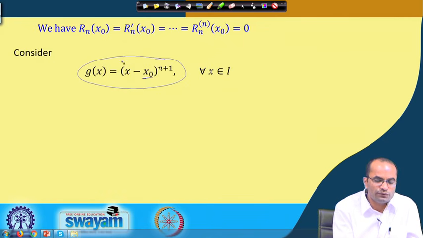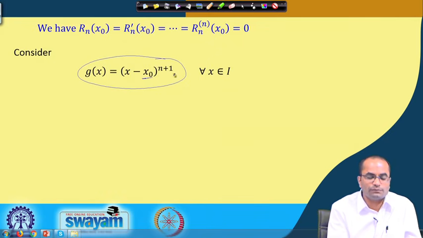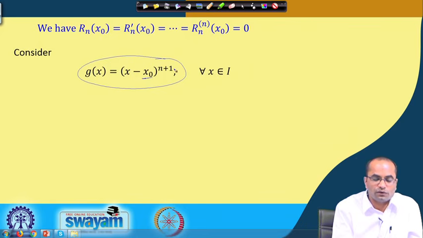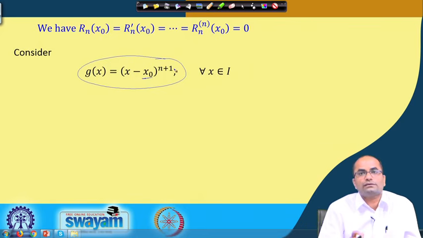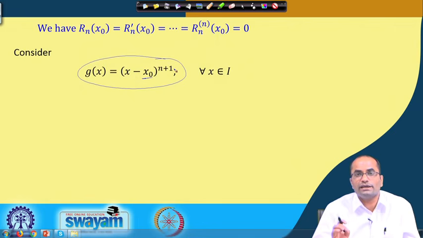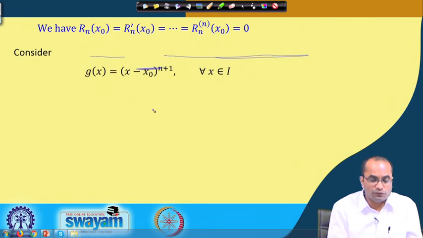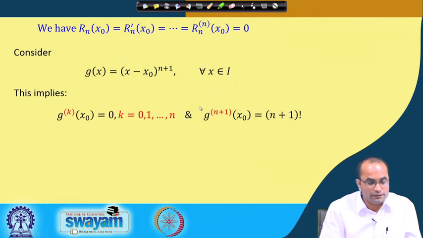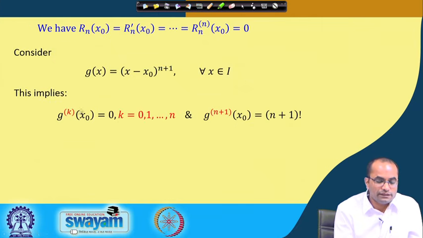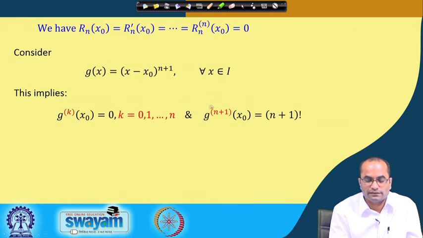So, we can continue this differentiation up to the nth order, and all these derivatives at point x 0 will be 0. So, what condition we have now: the kth order derivative of g at x 0 is equal to 0 up to the order n, and g n plus 1 is nothing but n plus 1 factorial.